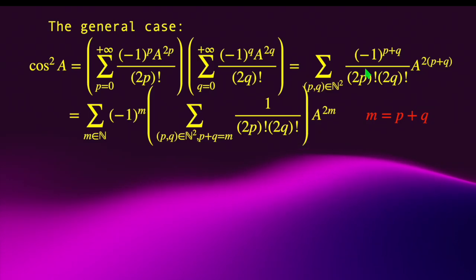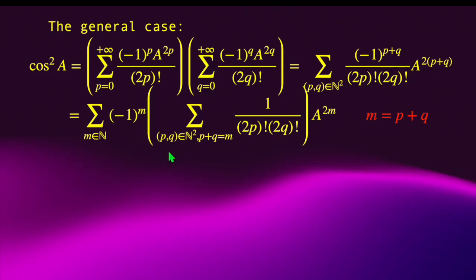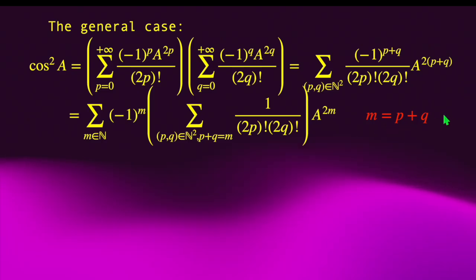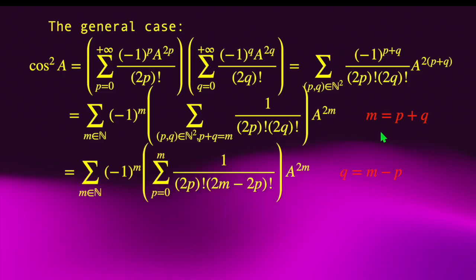We get this new formula. Here we have minus 1 power n, A power 2m, and we take the sum over all p and q equal to m. Now we can take q equal m minus p, and we get this formula.